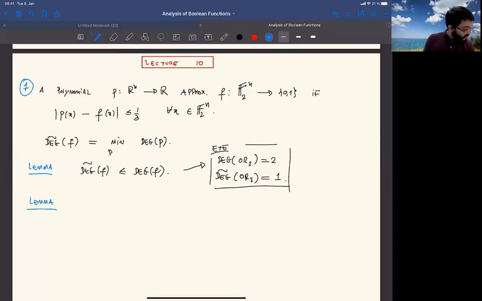The first, due to Nisan and Szegedy, and this would be a reading exercise, is that the block sensitivity of f is less or equal than 6 times the approximate degree of f squared.